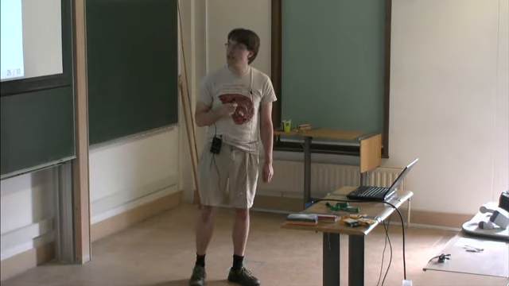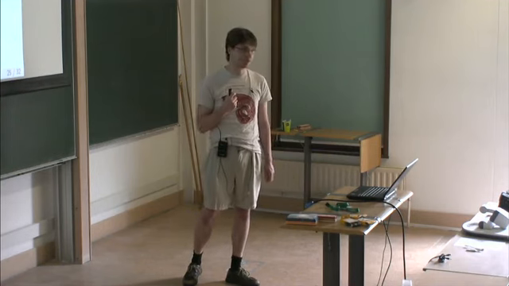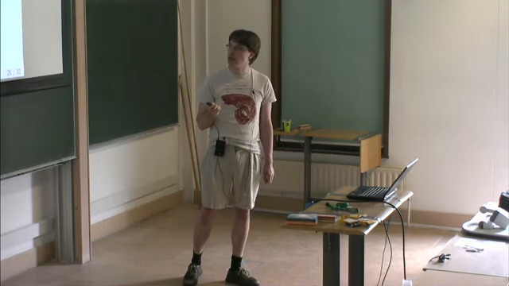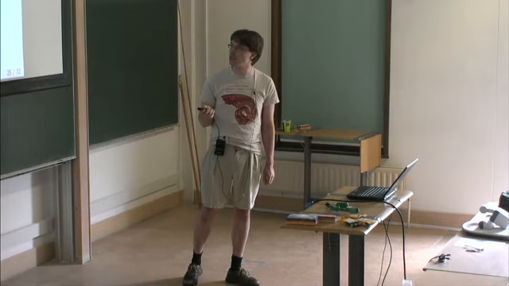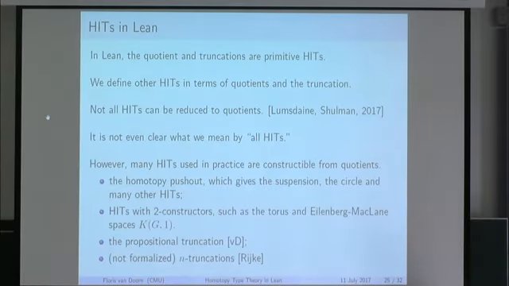However, many higher inductive types which we use in practice in homotopy theory can actually be constructed from just quotients. So we can construct the homotopy pushout, which also gives the suspension and the circle, which we saw earlier, and many other higher inductive types used in synthetic homotopy theory. We can also construct higher inductive types which have not only point and path constructors, but also two-path constructors.